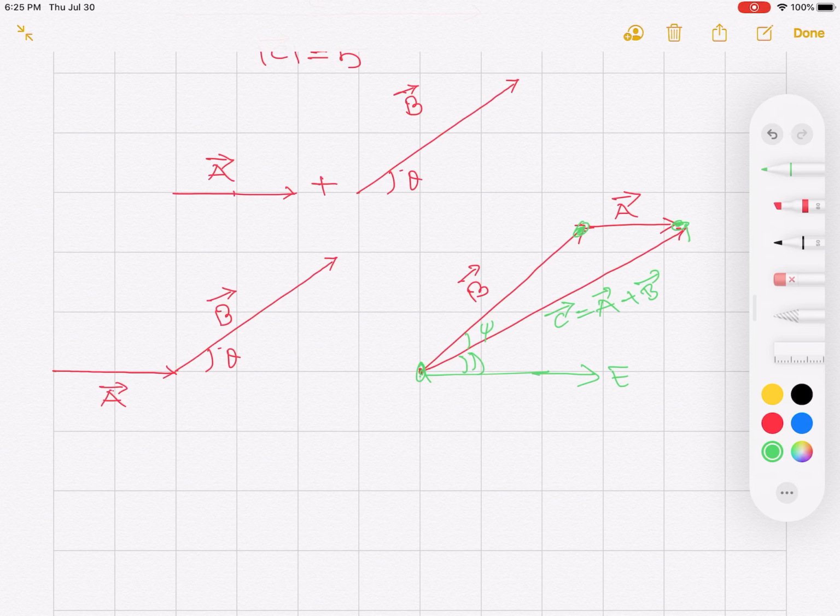If you take B as a reference, you need to measure this angle. Or you can do the same thing here: this is C, that gives A plus B, and you can measure this angle. This is not theta now, this is another angle, maybe another phi.